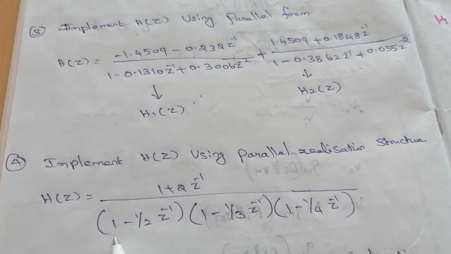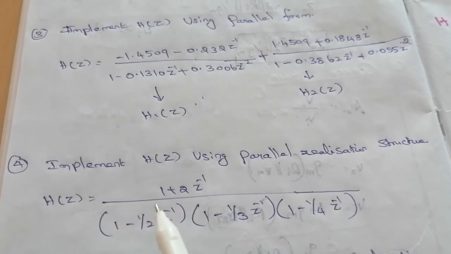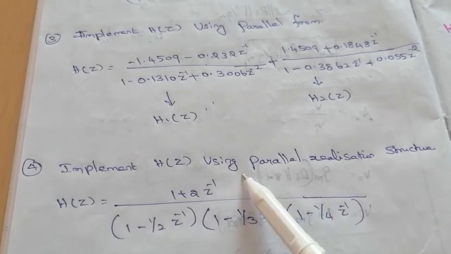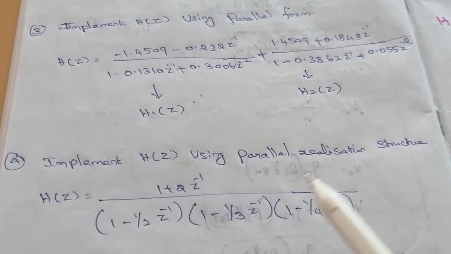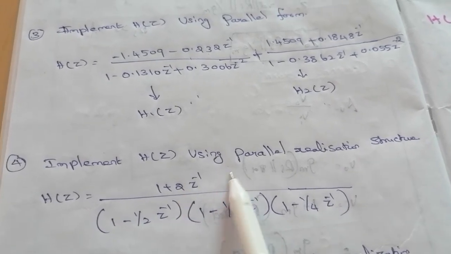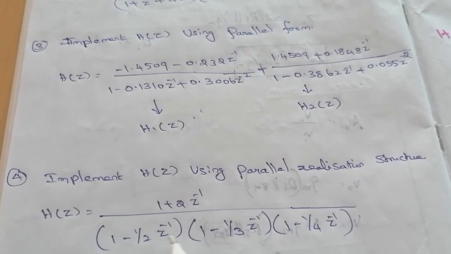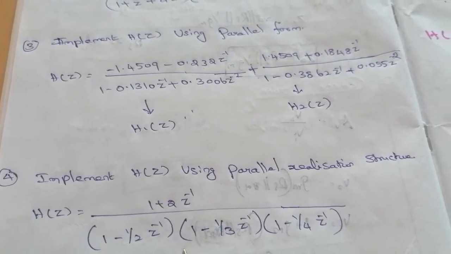So in that problem you are going to apply the partial fraction method, that is a divided by 1 minus 1 by 2 z inverse plus b divided by 1 minus 1 by 3 z inverse plus c divided by 1 minus 1 by 4 z inverse, and then find the a, b, c values. After that we have to find a constant value initially, right?